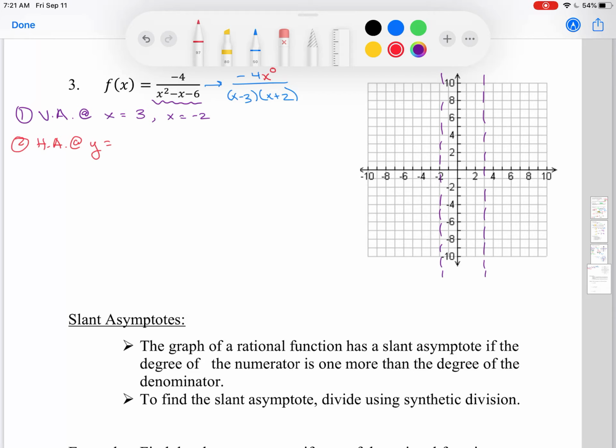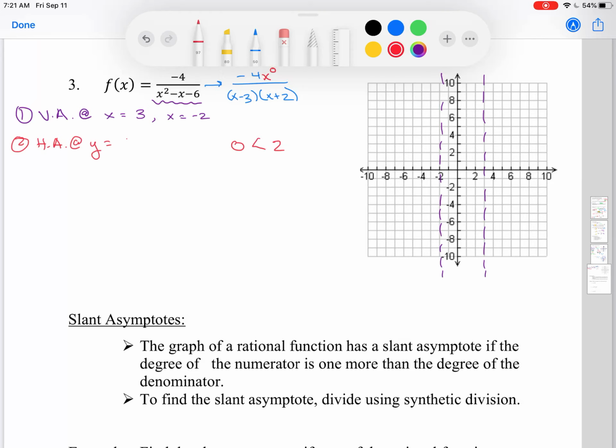So if you ever see a constant in the numerator, we're going to use the 0 as the exponent. So right now I have a 0 up top and a 2 down below. So I know that 0 is greater than 2. Therefore, my rule that I'm going to use is that my horizontal asymptote is at y equals, oh my gosh, why did I say 0 is greater than 2?